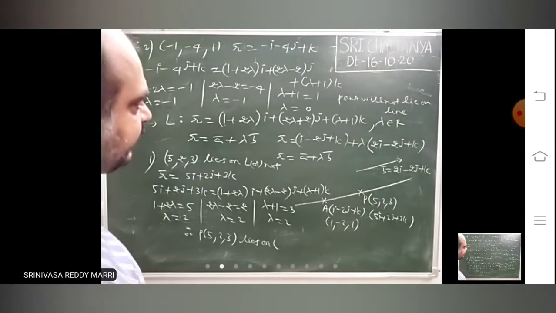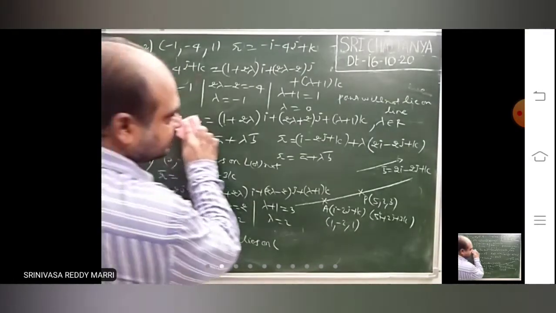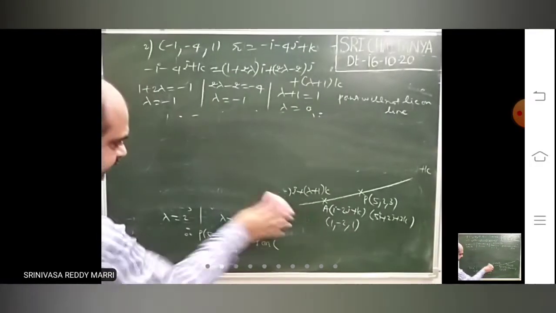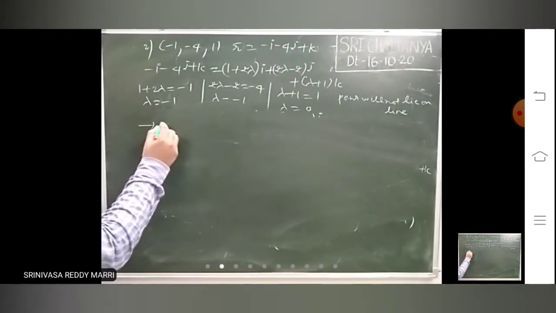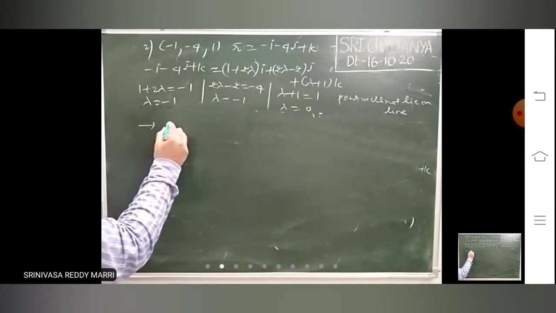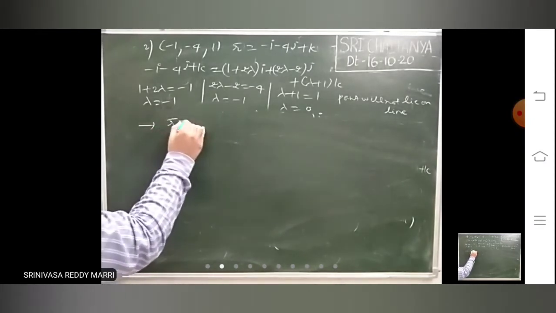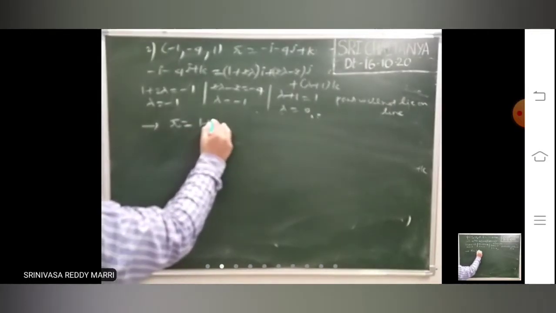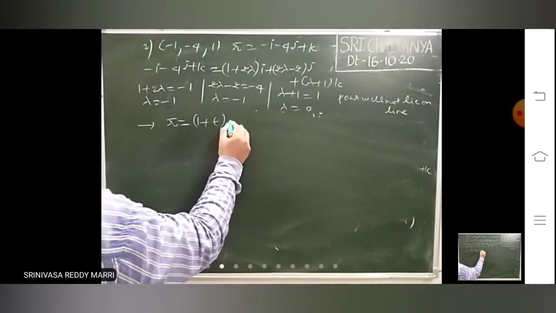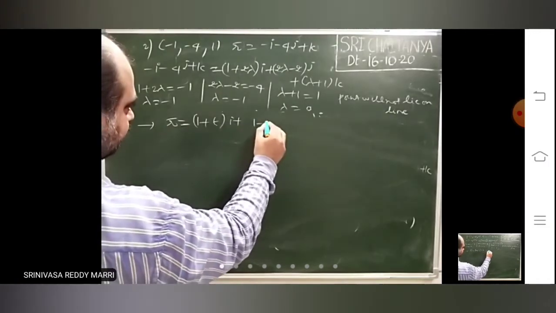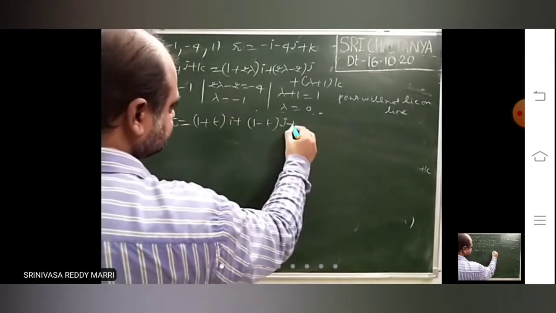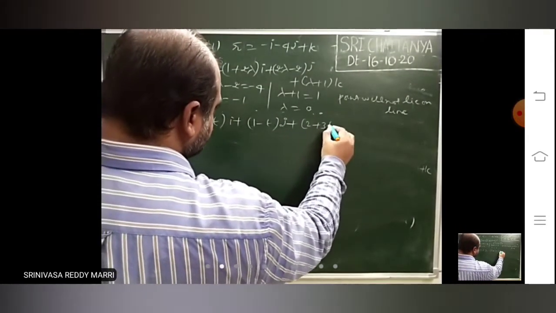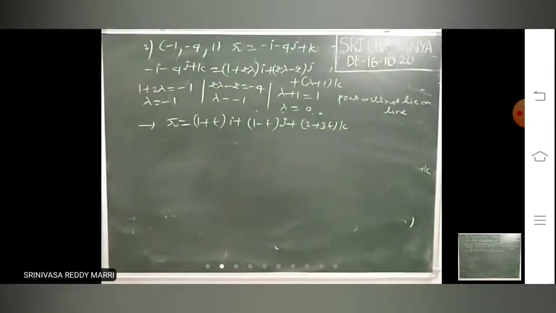So like that, you can check whether a point lies on the line or not. Look, the next problem is, suppose there is a line L. Suppose there is a line like this, r bar equals 1 plus t into i plus 1 minus t into j plus 2 plus 3t into k.